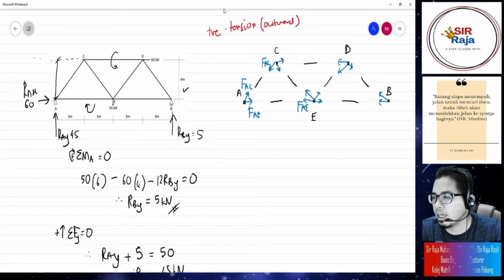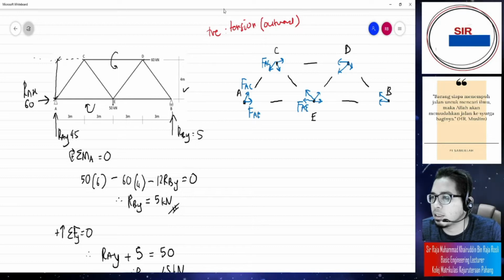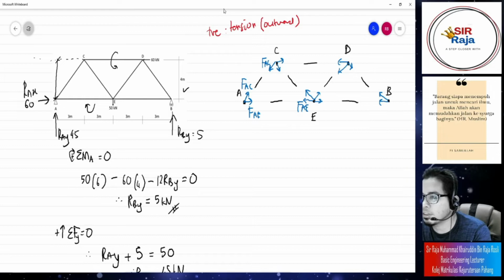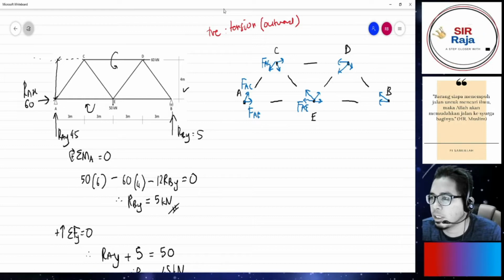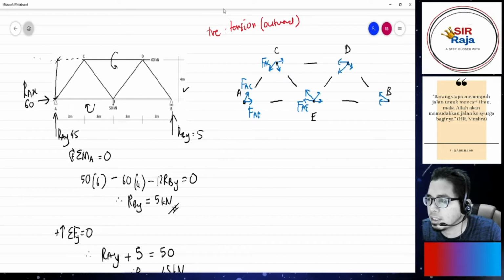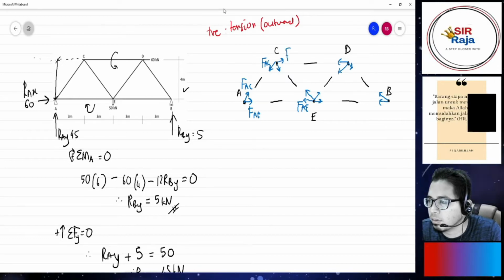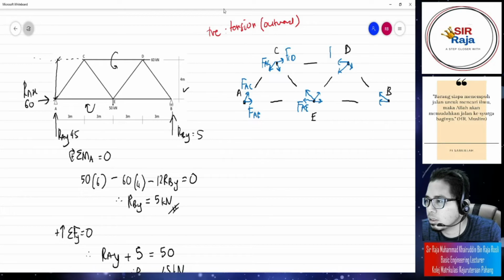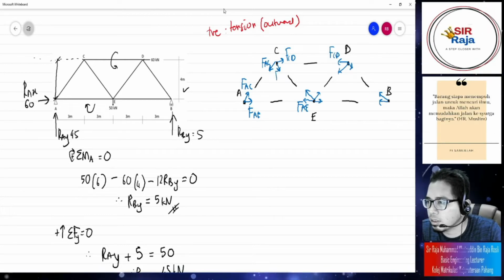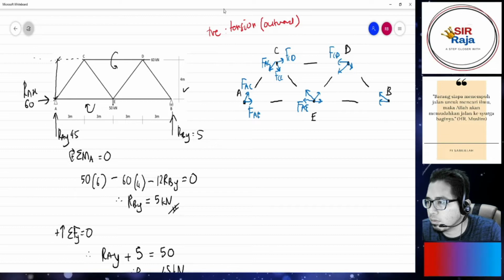And notice that I use the earlier letter first at the beginning of the name. So if we have member CD or member DC, we use member CD. So this is FCD, and then the same FCD, right? So this is FCE, therefore we have FCE as well here.